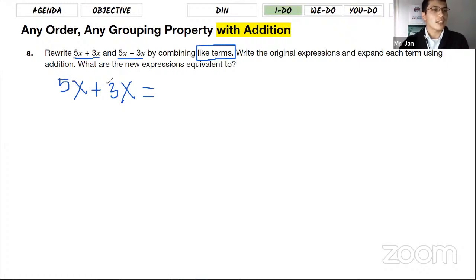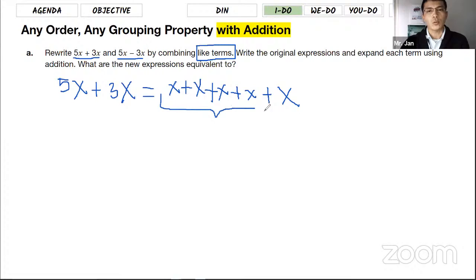The meaning of 5x is that there are 5 x's: 1x plus 2x plus 3x plus 4x plus 5x. Actually, 5x is the shortest way to rewrite adding 5 x's, compared to this longest way, which we call the expanded form.